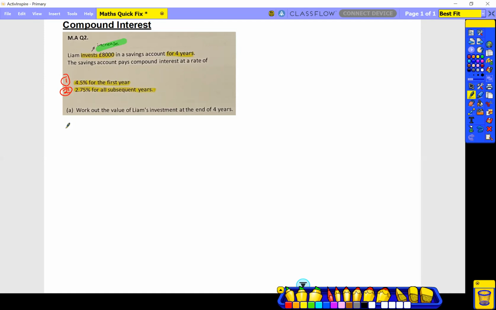Our multiplier will be 100% plus 4.5%, which is 104.5%. We do know that percent means you're dividing by 100, so it's 104.5 divided by 100, which is the same as 1.045.